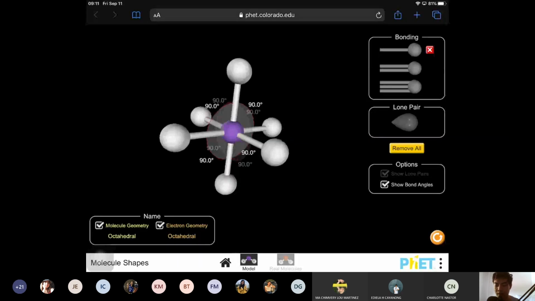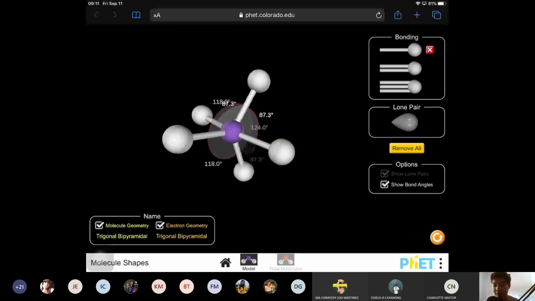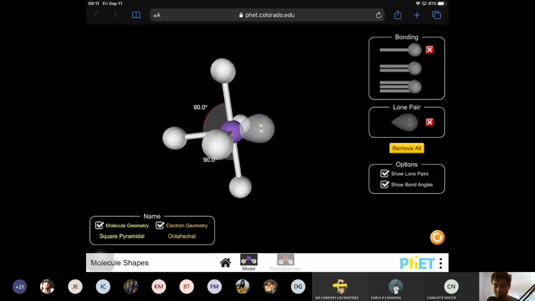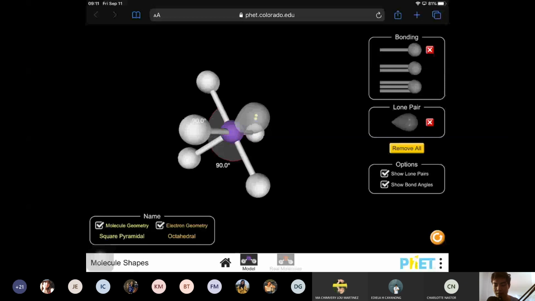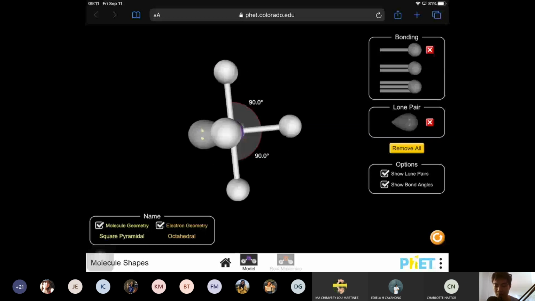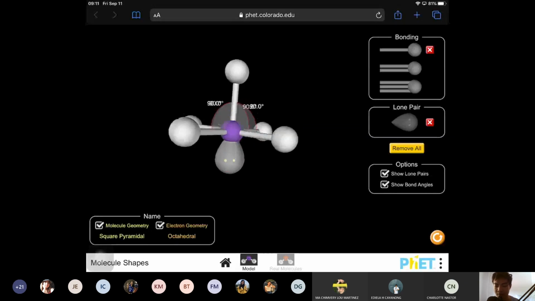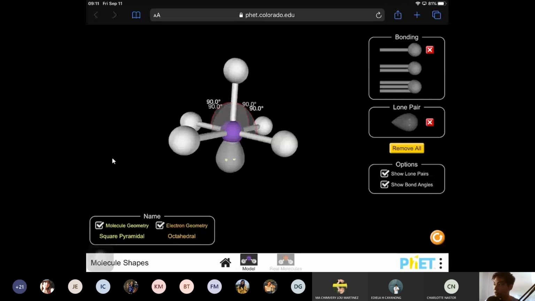So, ganun lang. Next one, we will have the 6 electron group, no? Or the octahedral. If yung isa dyan, papalitan ko ng lone pair, anong shape yan? Para ma-imagine nyo, yung lone pair lalagay ko sa baba. Anong shape yan? You have a square here. You have a vertex. So, parang square pyramid, diba? So, square pyramidal yun, no?